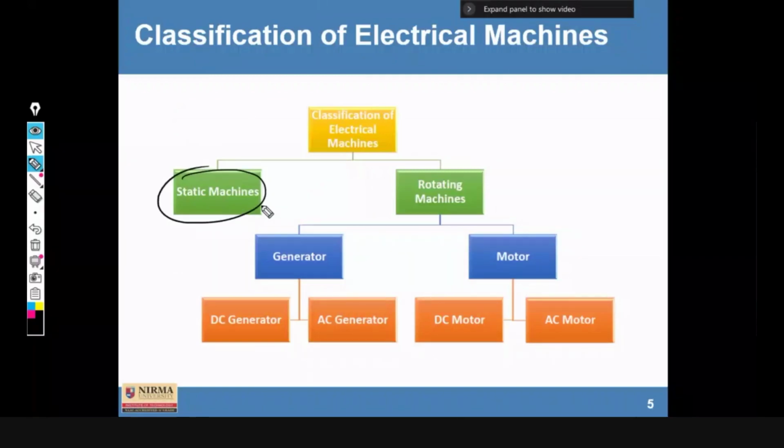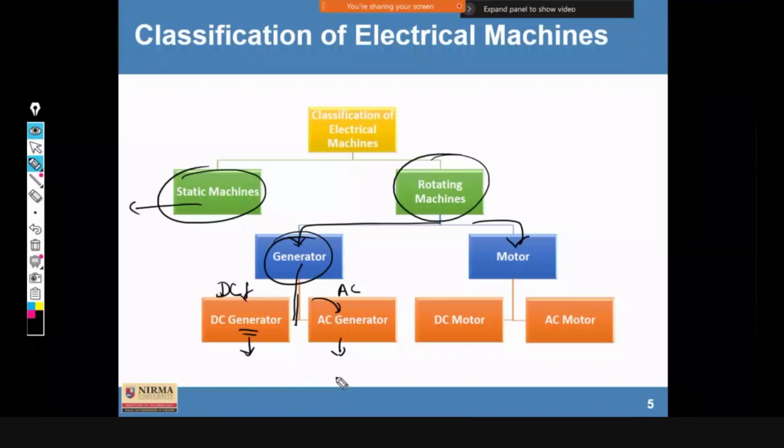DC supply is given to the DC generator, and AC supply is given to the AC generator. So generators are classified into AC generator and DC generator. Similarly, motors also have two different types based on the input. Input to this motor is DC and input to this motor is AC. So according to the supply, the various electrical machines are classified here.